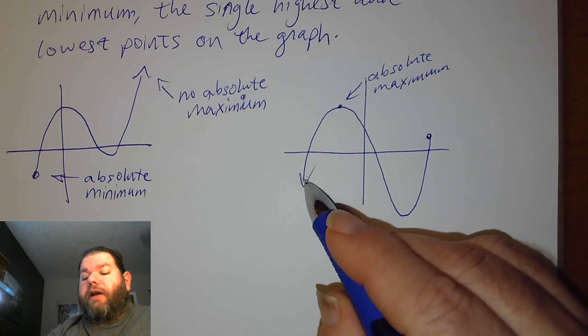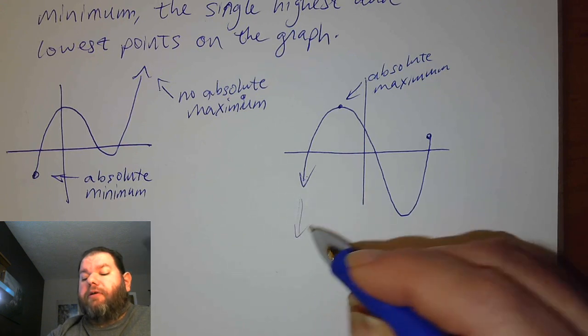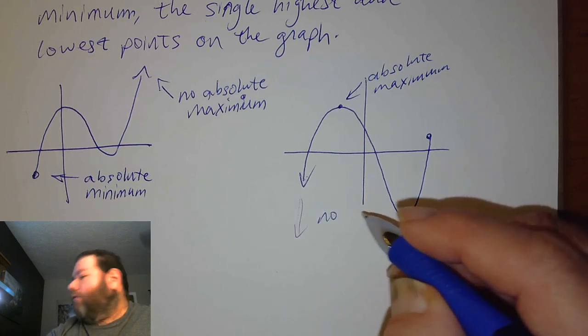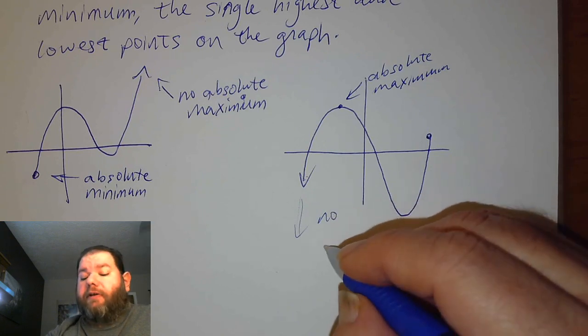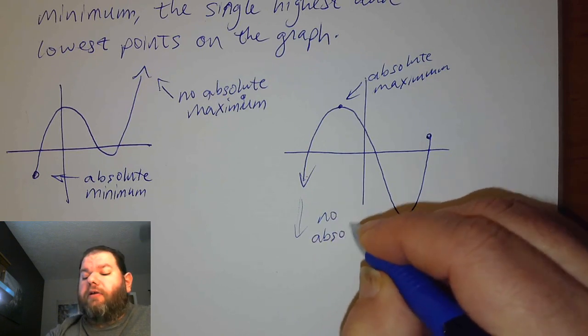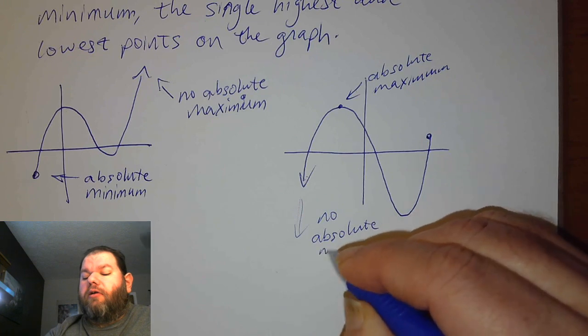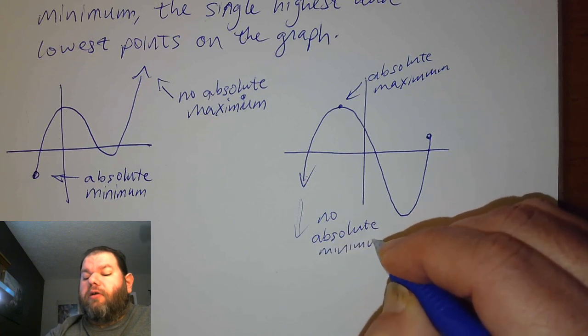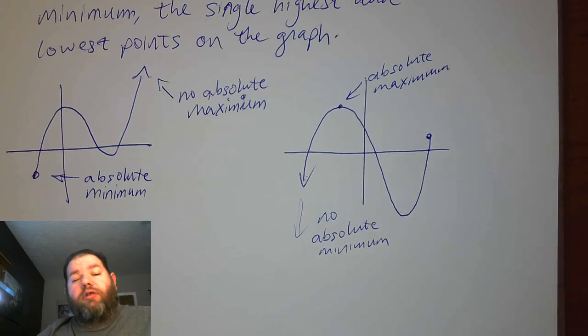But because the arrow means it keeps going, we would say there's no absolute minimum in this case. Even though visually it's a little bit deceiving, because we have the arrow there that says it keeps going, it does continue on and on towards negative infinity in this case.